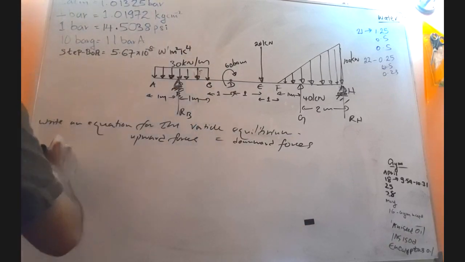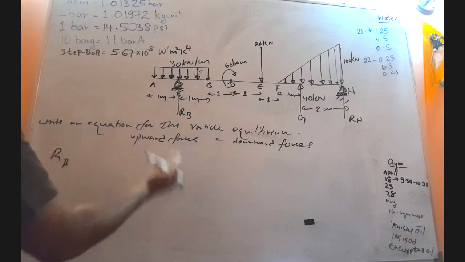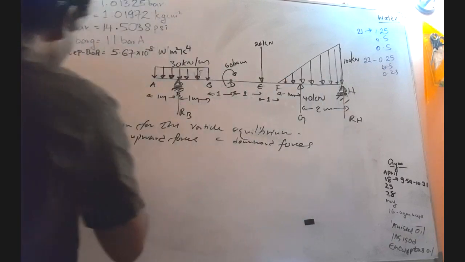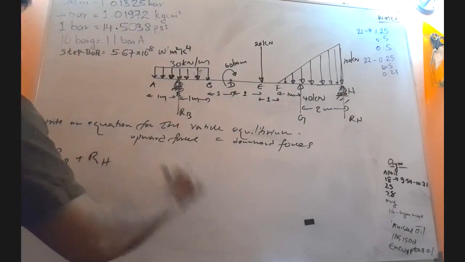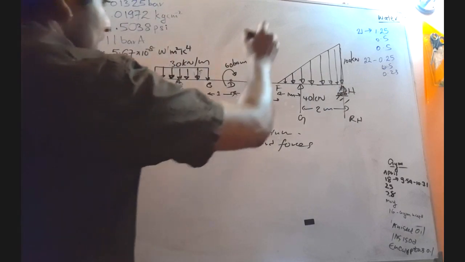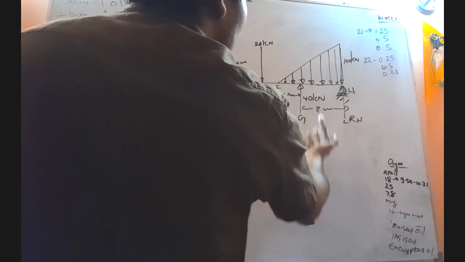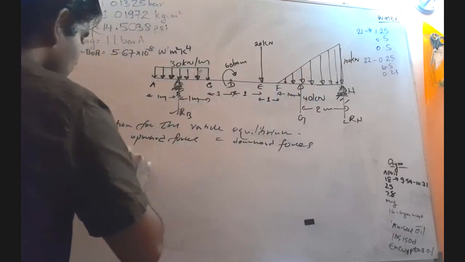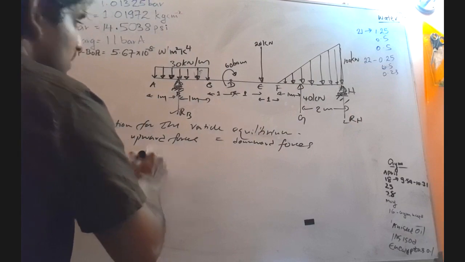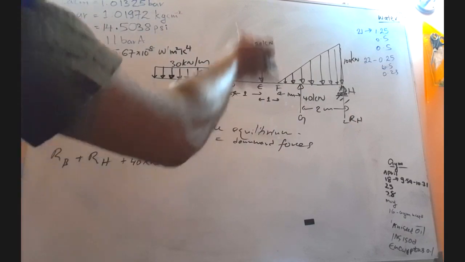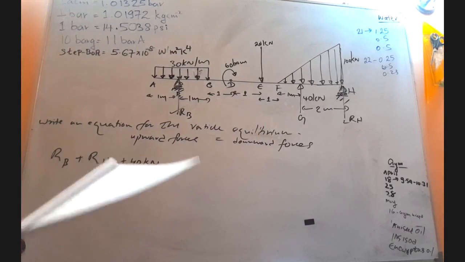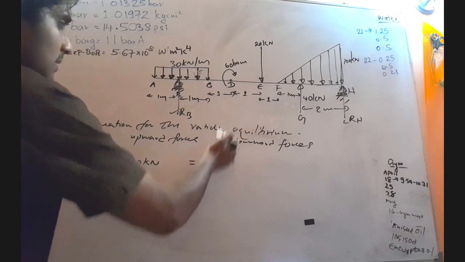We have this reaction RB, then this reaction RH. Anything else? Then we have this applied point load over here, 40 kN, acting upward. Is that all? Yes, that is it. And then equals the downward forces.